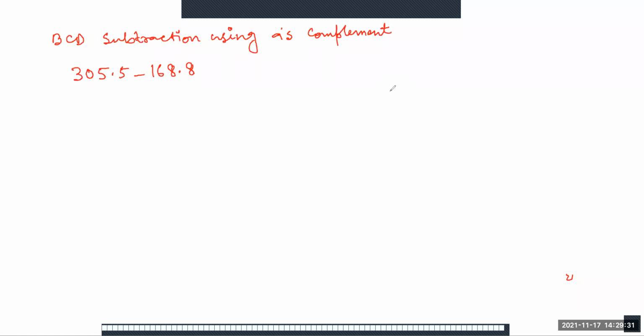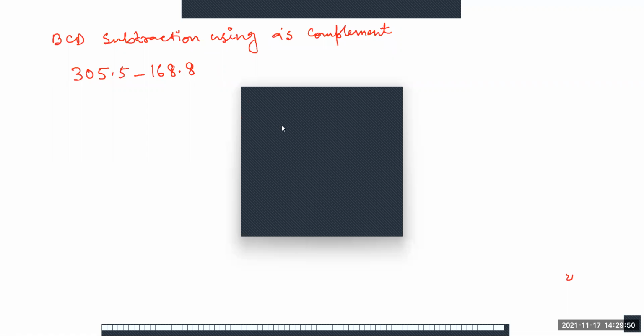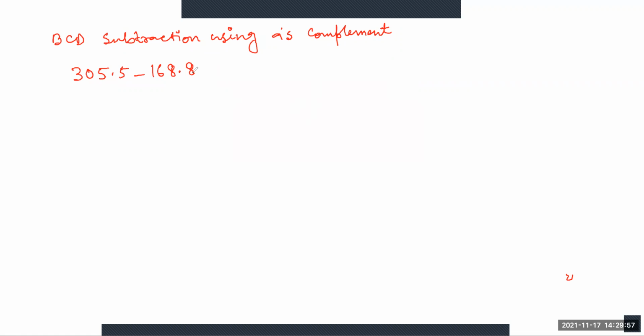So we already know from the last class, 168.8 is the subtrahend, and 305.5 is the minuend.